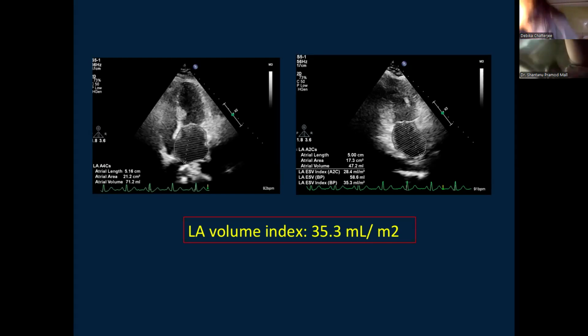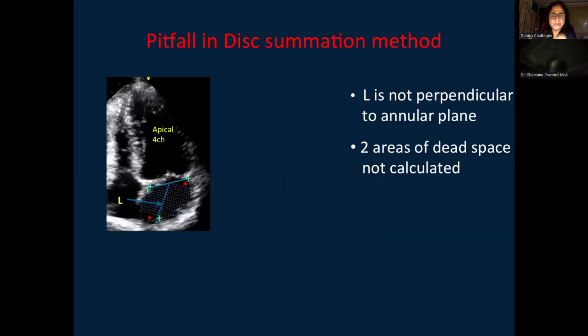So now we have to know how to measure the LA volume index. Remember this pitfall, which I already described. If you look at this picture, this L is not perpendicular to the interannular line. If you see carefully, 2 areas are dead here, one at the top in the corner, another at the bottom in the corner.